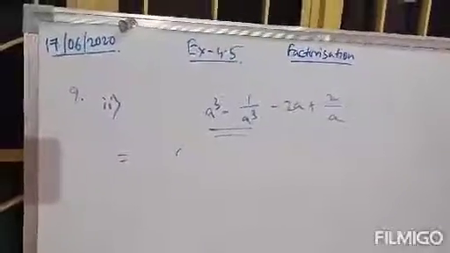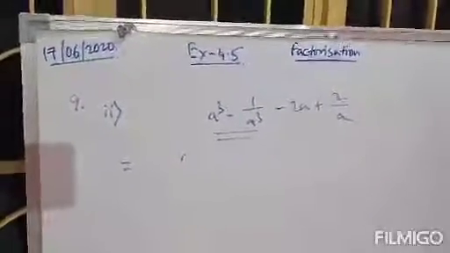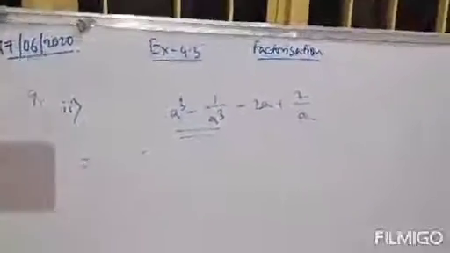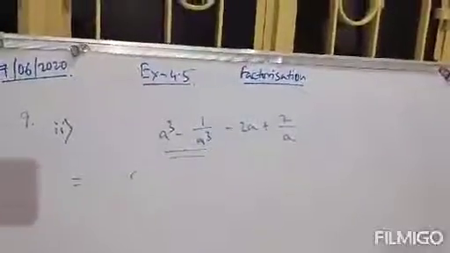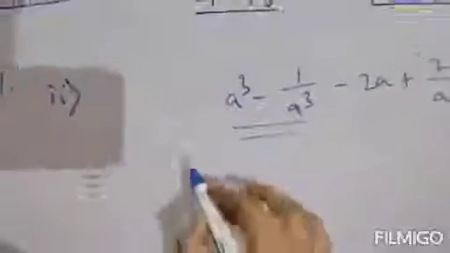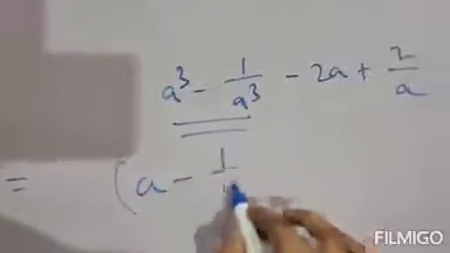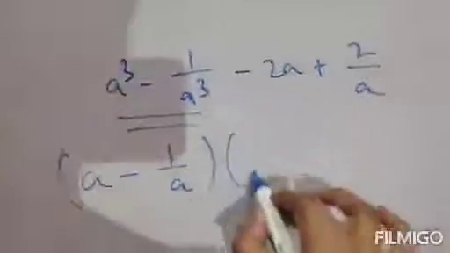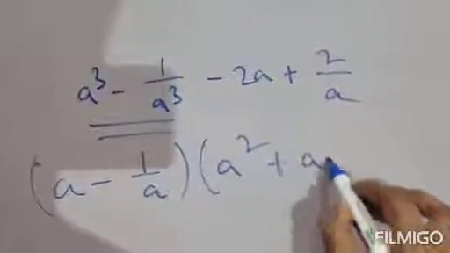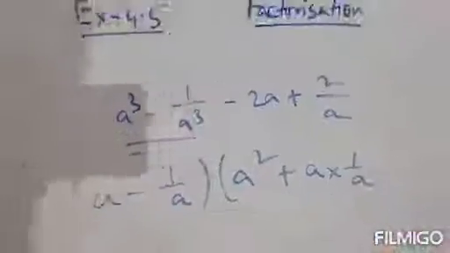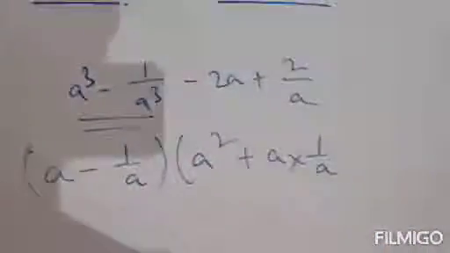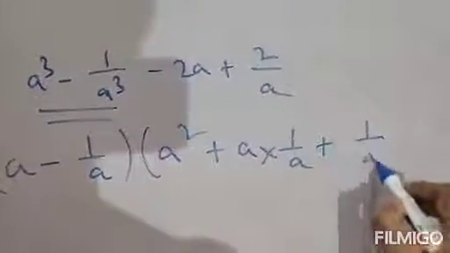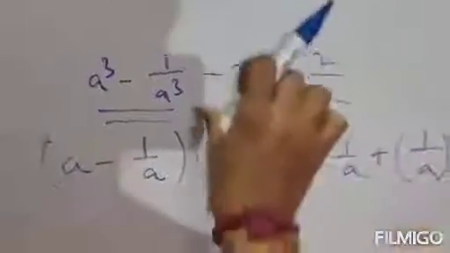So the formula of a cube minus b cube is a minus b, that is a minus 1 by a, into a square plus ab plus b square, that is a square plus a into 1 by a plus 1 by a square.